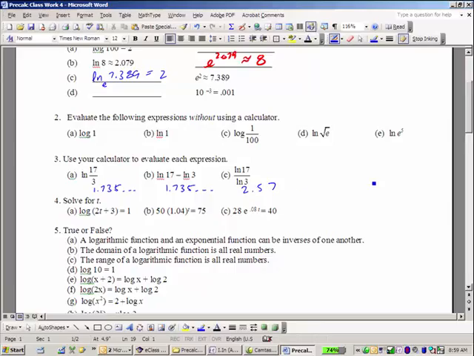Sam? So would that be the natural log of 17 with the base of 3? Oh, interesting. You're doing the change of base backward. I got to think about it. The log base 3 of 17. Yep. That's right. Log base 3 of 17.